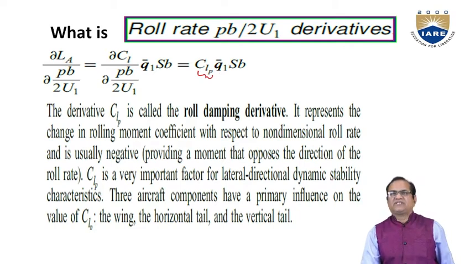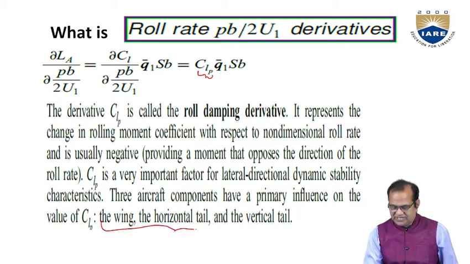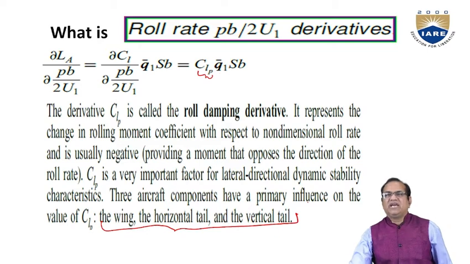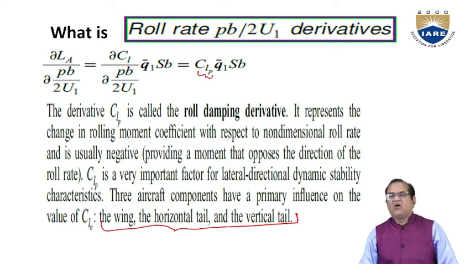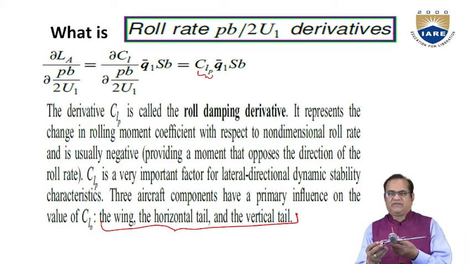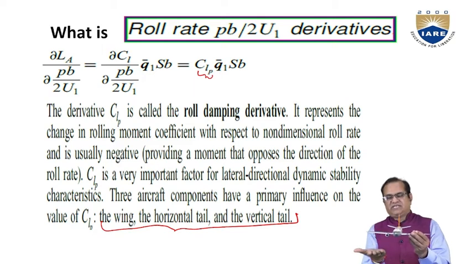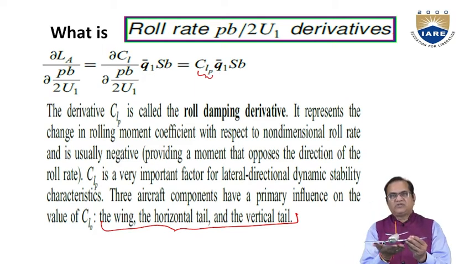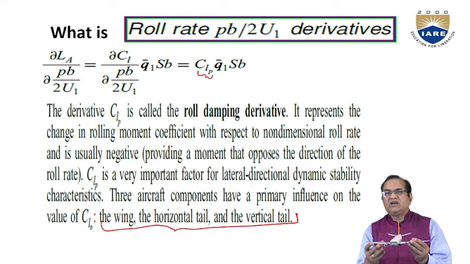Three aircraft components have a primary influence on the value of CLP: the wing, the horizontal tail and the vertical tail. So I am going to describe how these three components work on CLP, the roll damping derivative. First I will take the wing. Suppose this wing is on the upside or the downside as per the wing location.